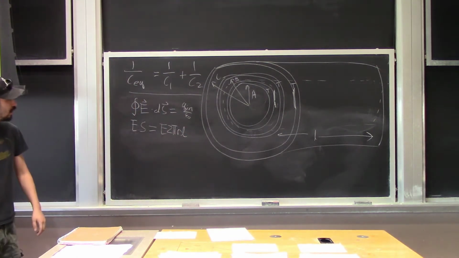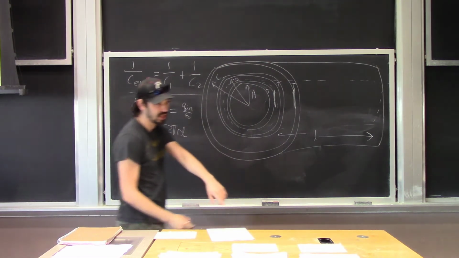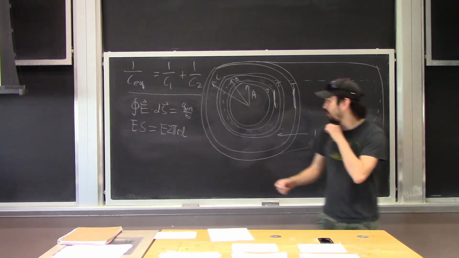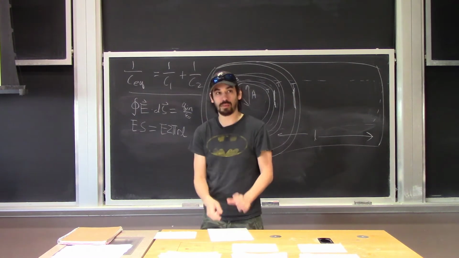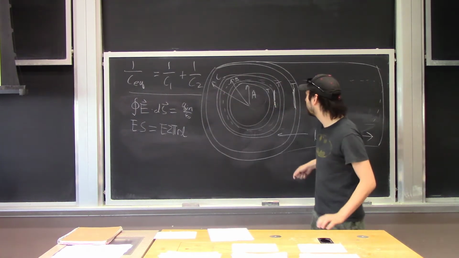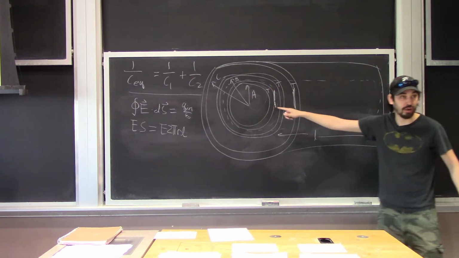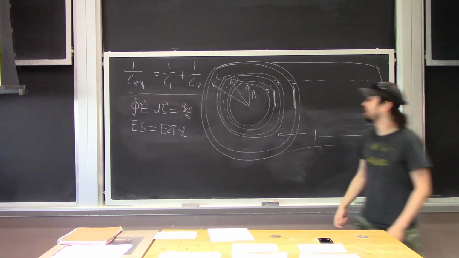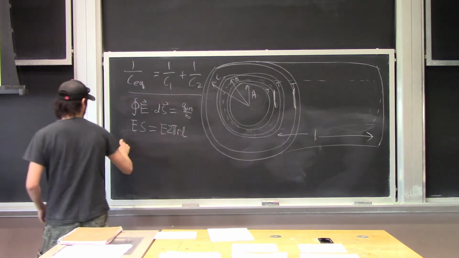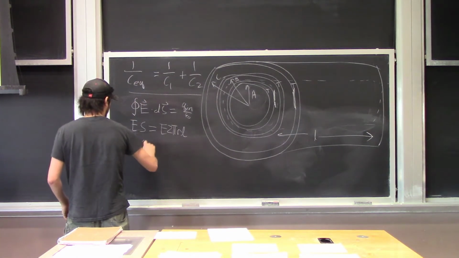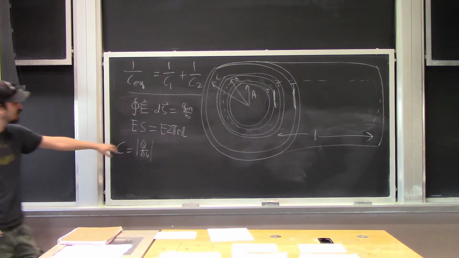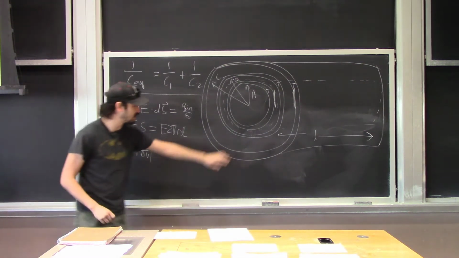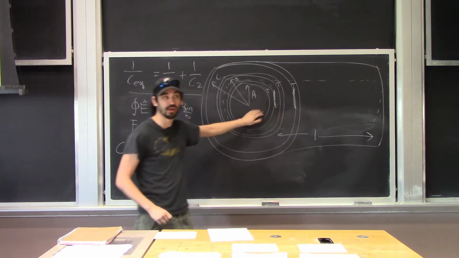Now, for this particular example, I didn't tell you that there was any particular charge on here. But whenever you calculate capacitance, you can define some charge that you want to put on the shell. Then when you use the definition of capacitance, that C is equal to the magnitude of Q divided by delta V, whatever charge you decide to put in here ends up canceling.